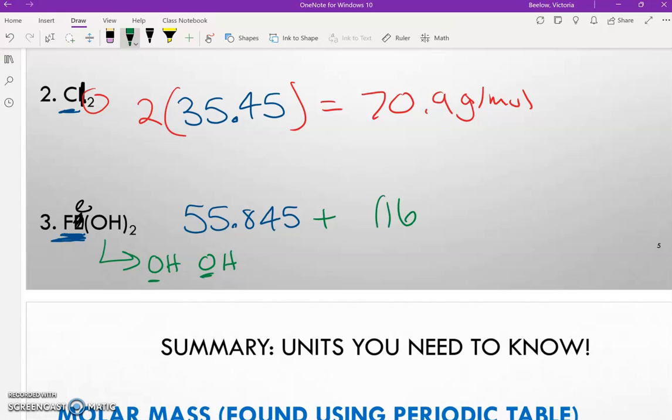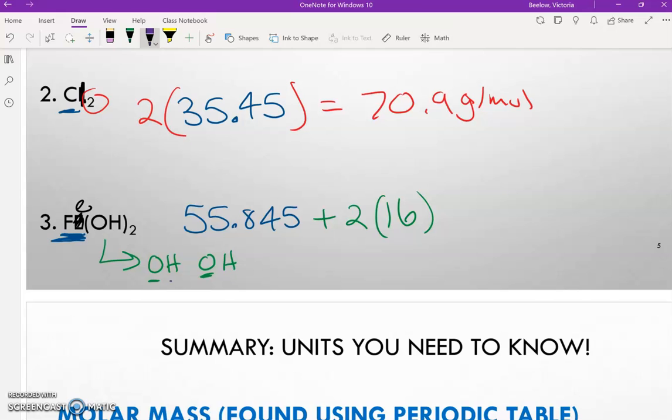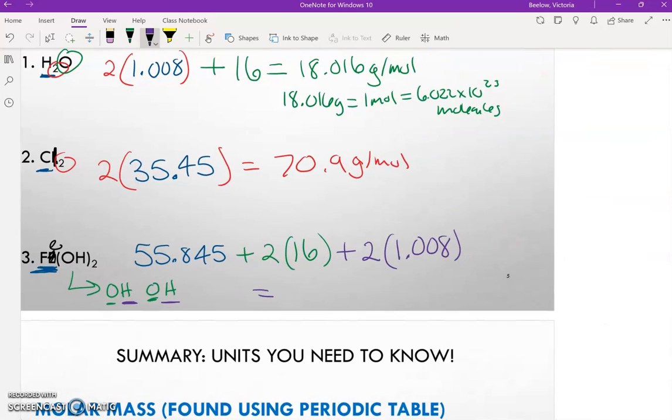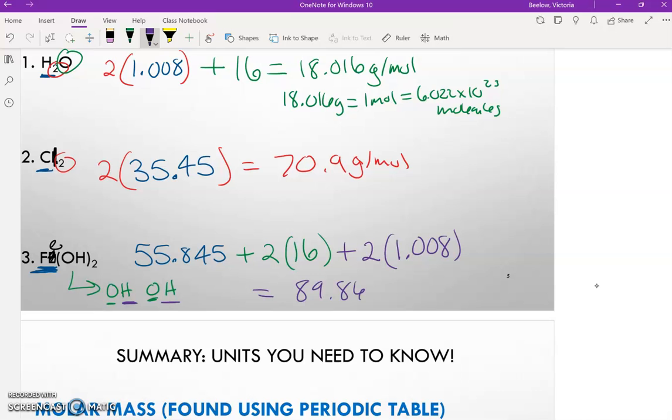Remember, oxygen is 16, and I would multiply that by 2. Hydrogens, you also have 2 of them. So again, here's hydrogen. We would multiply that by 2. Do our math. 55.845 plus that's 32. That's 1.008 times 2. So 89.861 grams per mole.